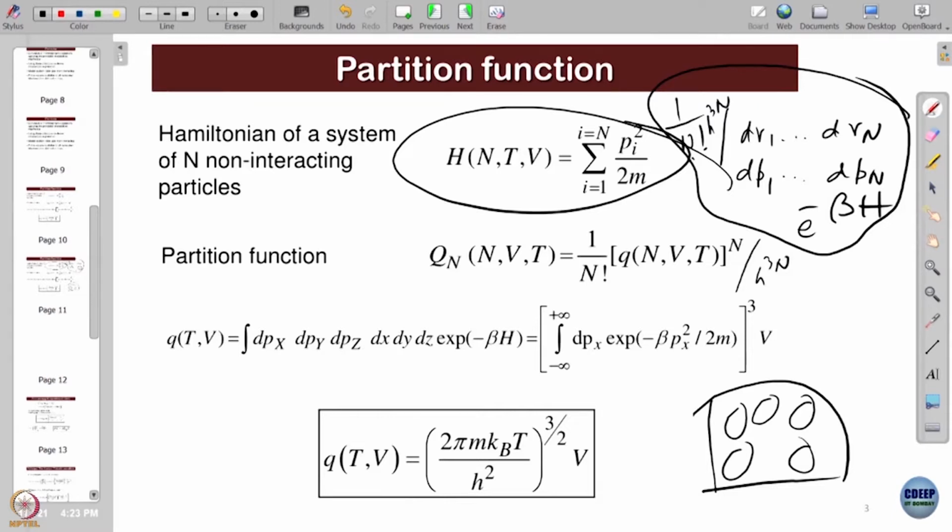So, this is then my partition function, where q is now given by this integration of dpx, dpy, dpz, dx, dy, dz, e to the power minus beta H. This is the partition function of a single particle.